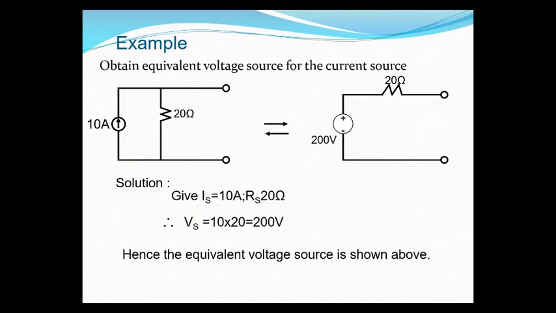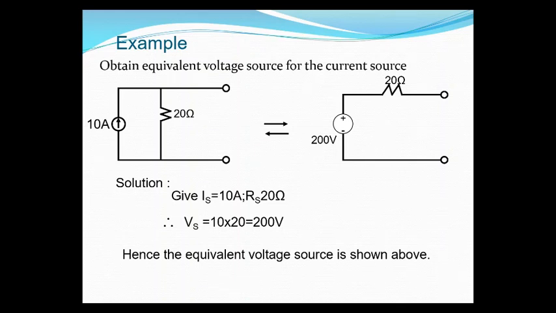See here, obtain an equivalent voltage source for this current source. Here a 10 amps current source is in parallel with a 20 ohms resistor, and for converting this, by applying Ohm's law, 10 amps into 20 ohms is equal to 200 volts.